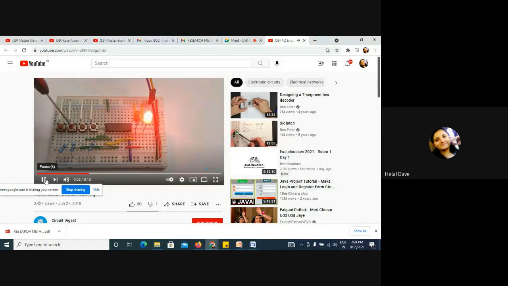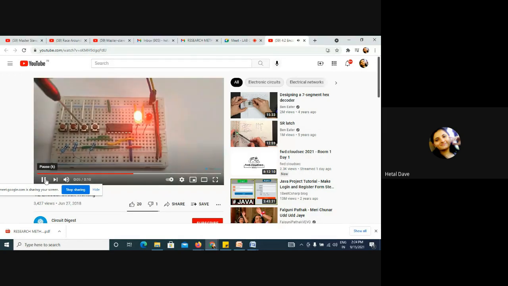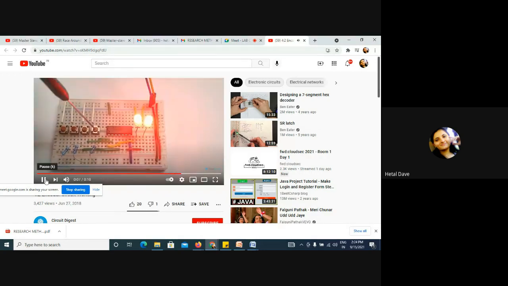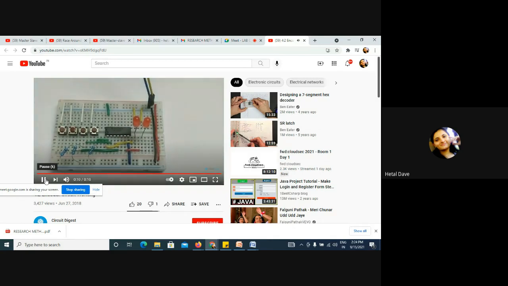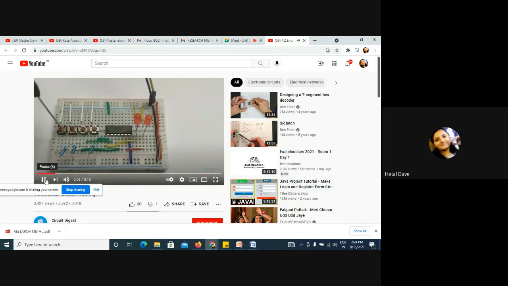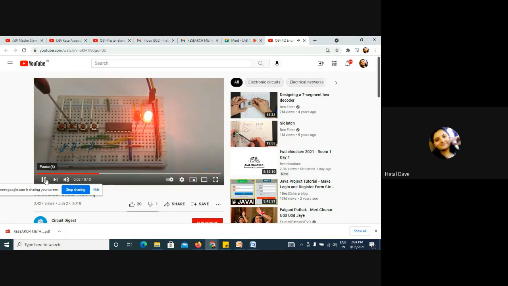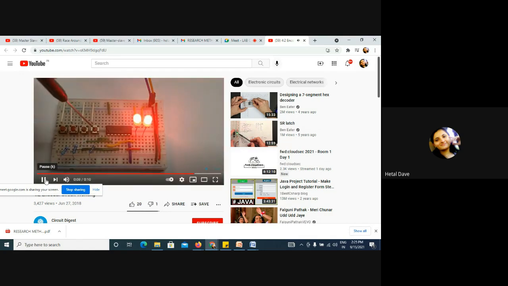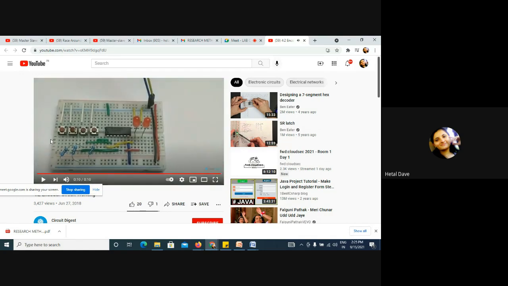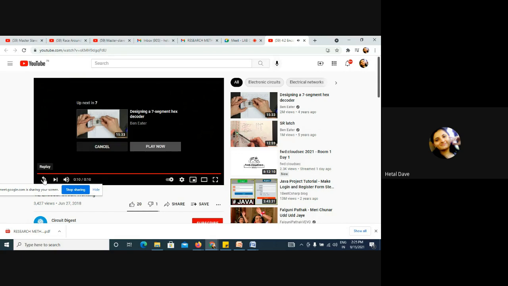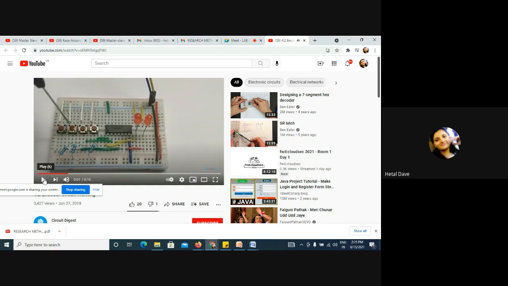Every time the output will be taken from the input for every circuit. Whenever the zeroth switch is pressed, none of the LEDs glow, means 0, 0. Output is 0, 0. Please look there.